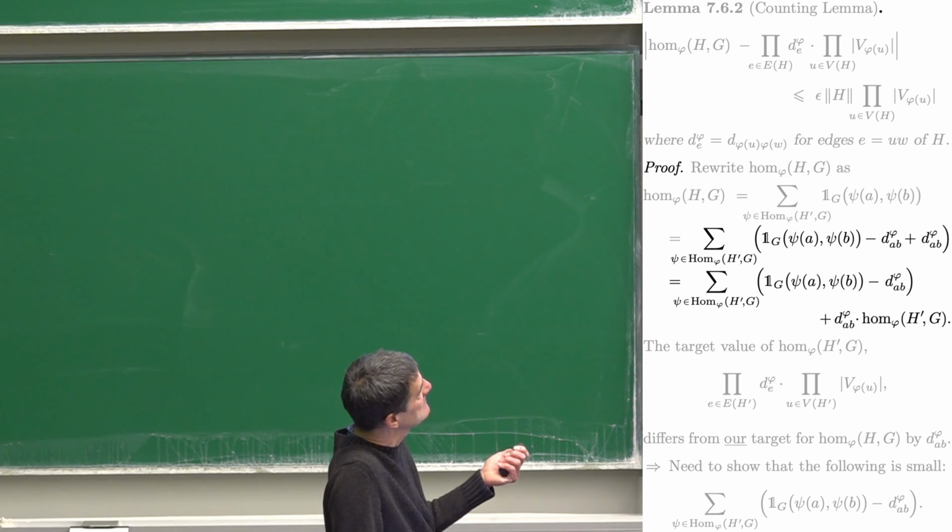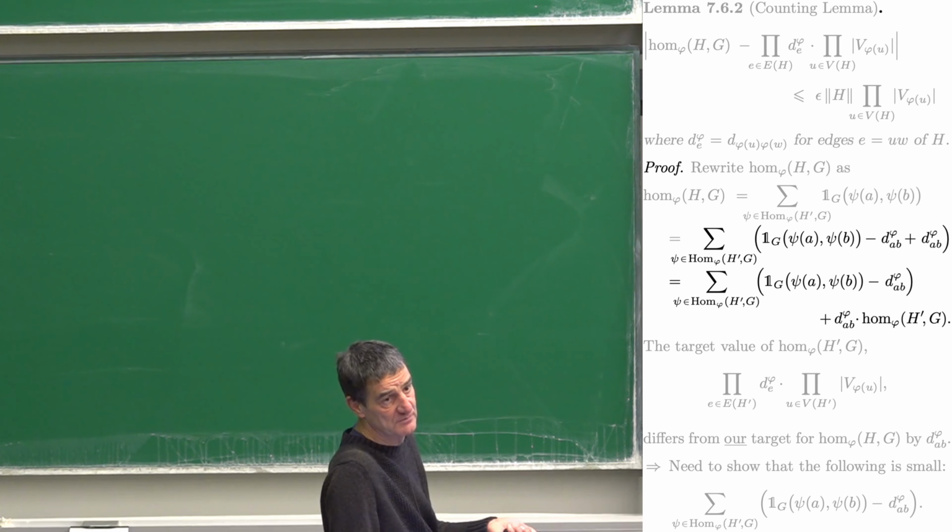So we can write this count. For every psi, we count 1 copy of the number d phi AB, and then we get this summand here, d phi AB times the number of these homomorphisms. Why is that a good idea? Because we know this number. This number comes with the induction hypothesis.